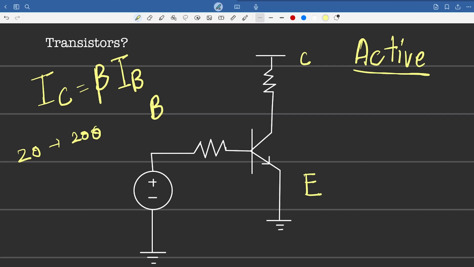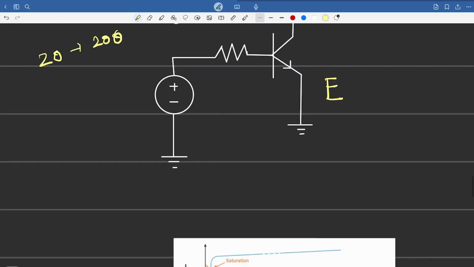We just suppose the value of beta, and then go on with it during our calculations. Using this value of beta, we can say that the collector current increases with respect to the base current by a factor of beta. So if beta is 20, then the collector current is going to be 20 times the base current. So this is the active region.